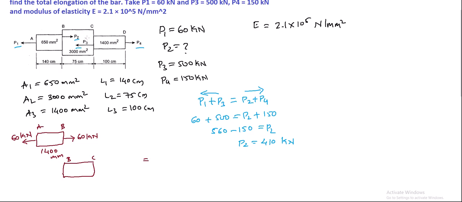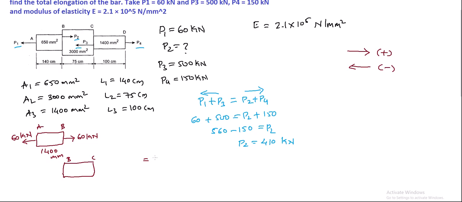P2 is acting towards the right, and the sign convention referred in this calculation is: towards the right I am taking the plus sign, and towards the left I am taking the negative sign. So I will observe the given statement towards my right.